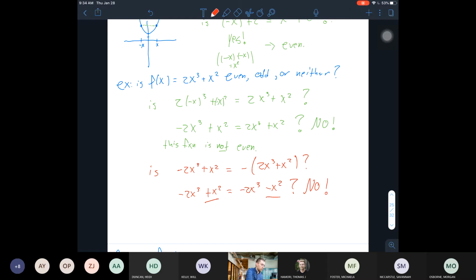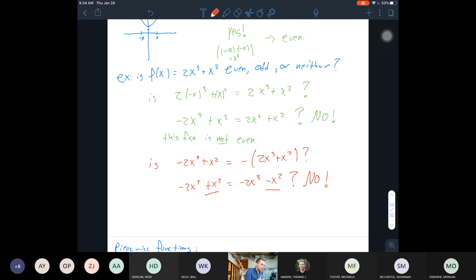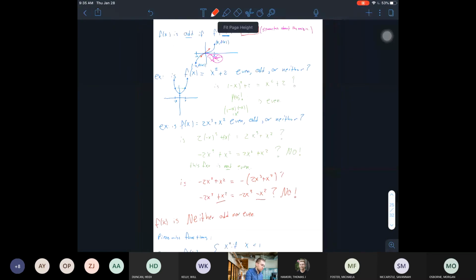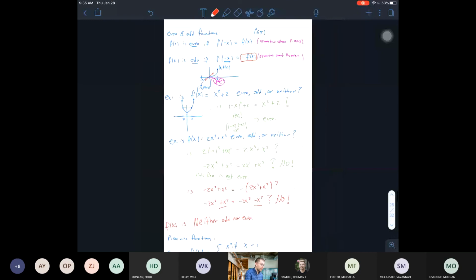So those two things are not equal to each other. So we get that this function is not even and it's not odd. Therefore, it is neither even nor odd. Okay. So that's the game we play with even and odd functions.